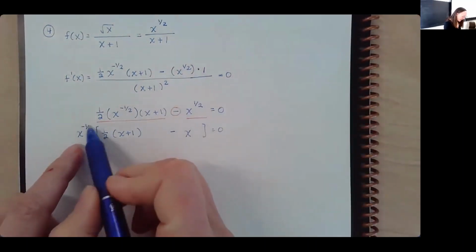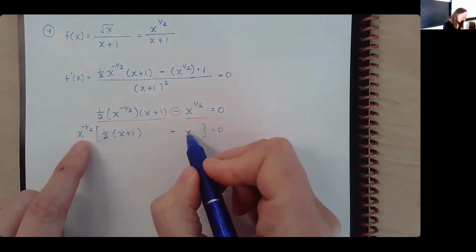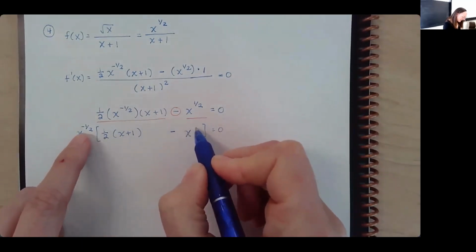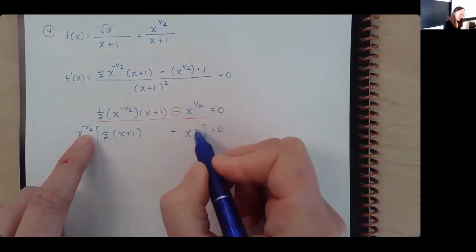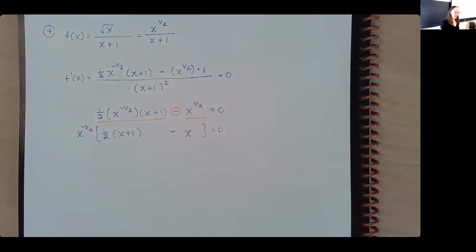So I've got x to the -1/2 and x to the something, but I need these two exponents to give me back a +1/2. -1/2 plus 1 is what gives me a 1/2 back. So that's how it factors.